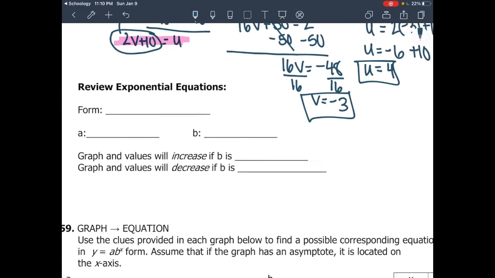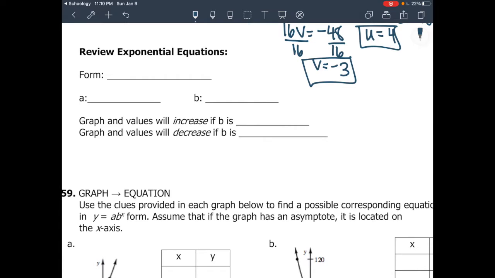Then the next part says reviewing exponential. We've been doing this for a while now, but the form is y equals a times b to the x power. A stands for the starting value or 0th term. You can think about it either way. And then b is the multiplier.